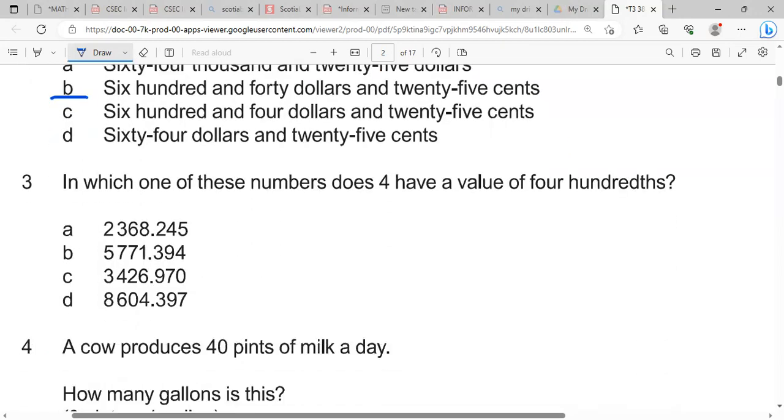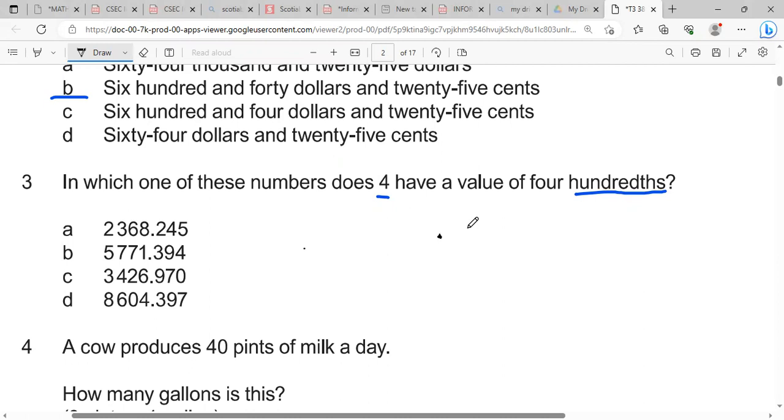In which of these numbers does the number 4 have a value of 4 hundredths? All right. Let me change this to black. So basically, guys, this is just place value, so we don't have to make a big fuss. You're going to be looking for a number that comes 2 places after the decimal point, right?